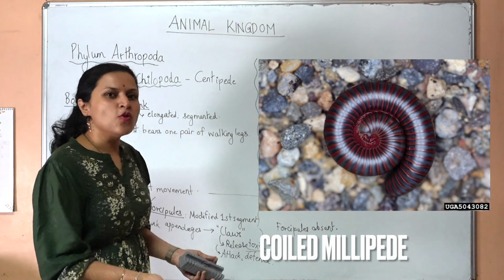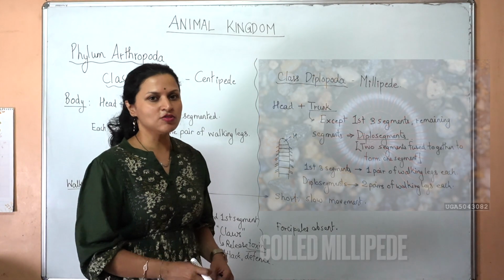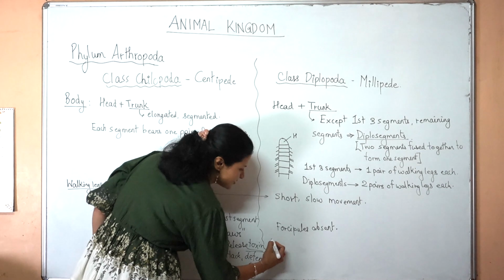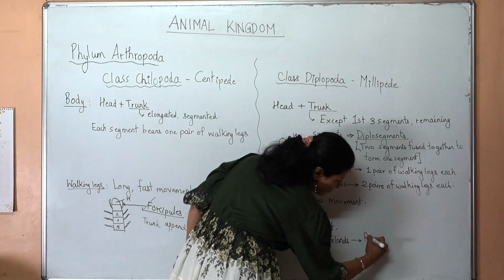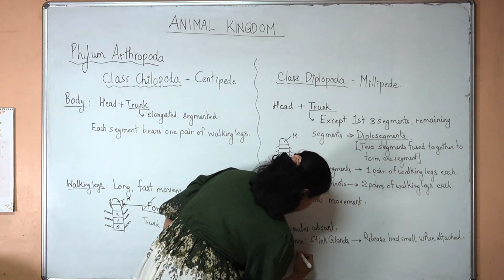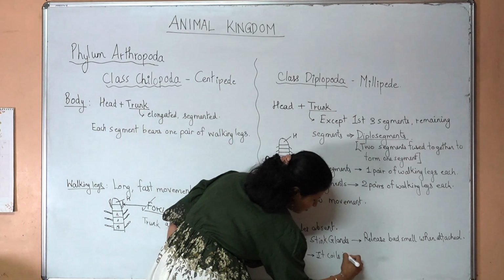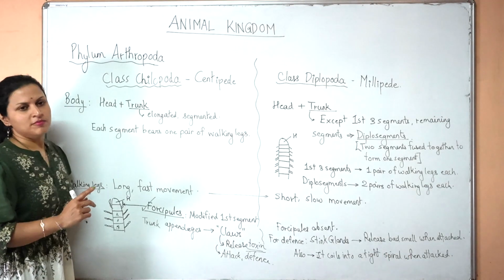It is very difficult to open it. Only when the predator leaves the scene will the millipede uncoil itself. So for defense, we can say it has stink glands, and these release bad smell when attacked. Also, it coils into a tight spiral when attacked. That was about the millipede.